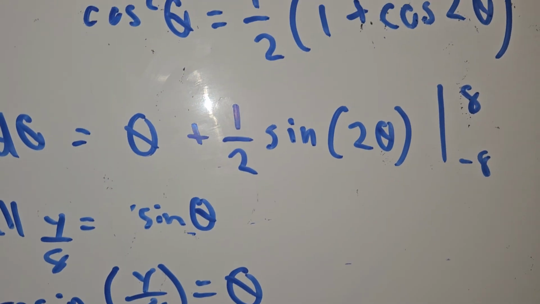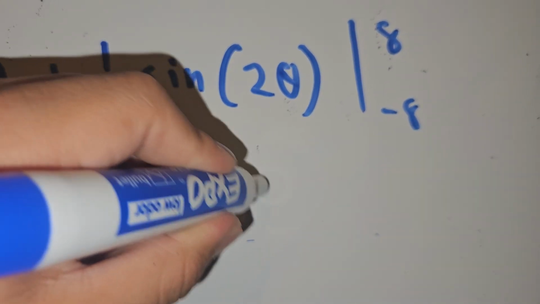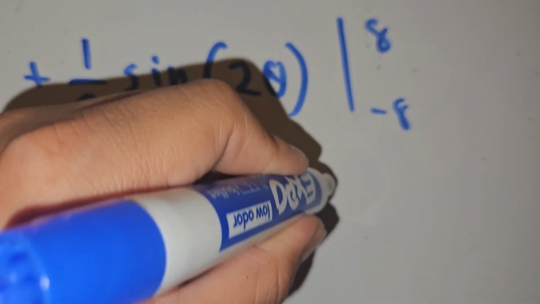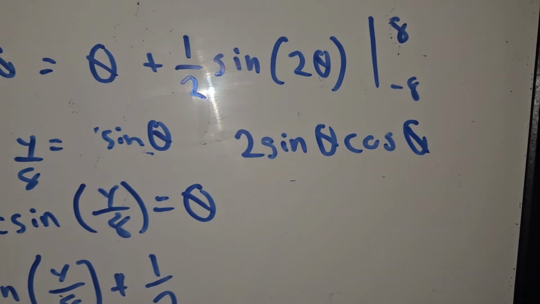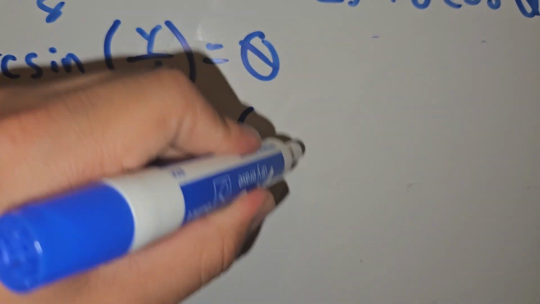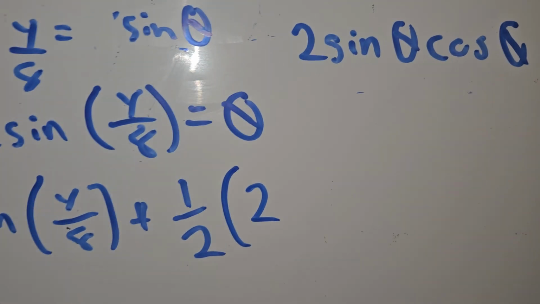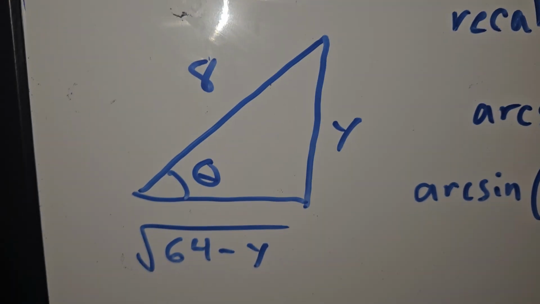Remember that sine of 2 theta is equal to 2 sine theta cosine theta. This is a trig identity, by the way. So 1/2 sine 2 theta is equal to 2 sine theta cosine theta. What is sine of theta, using your triangle, SOHCAHTOA?